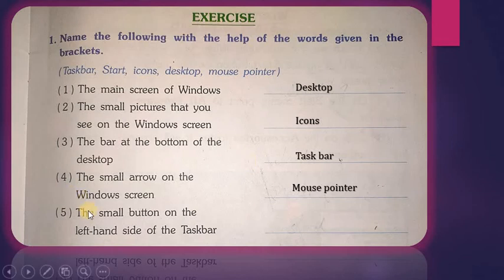Now see, one other thing about the mouse pointer is that you can also change this arrow design. For example, if you don't want this simple arrow, you can change the arrow design. That we can learn in the next lecture, from where we can change our mouse pointer design.